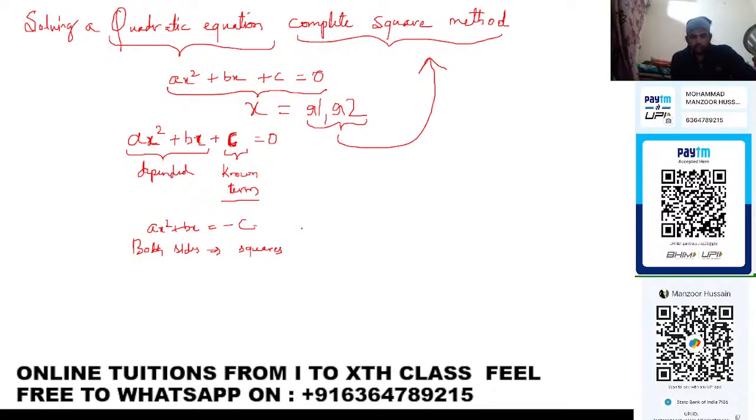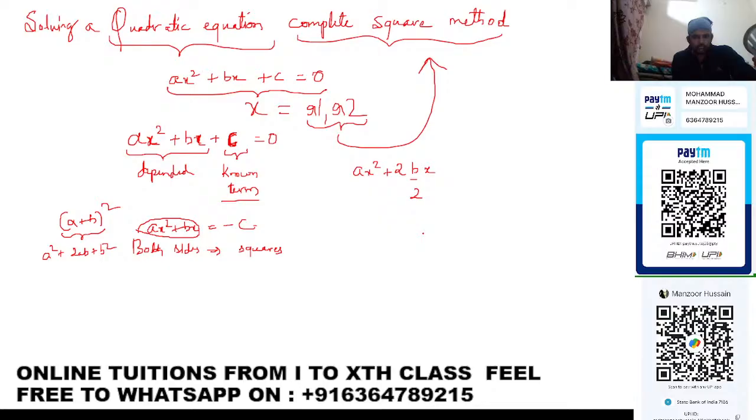In that case, ax square plus bx can be written by dividing and multiplying with 2, because I want to transform this term into the format of a plus b whole square, whose full form is a square plus 2ab plus b square.